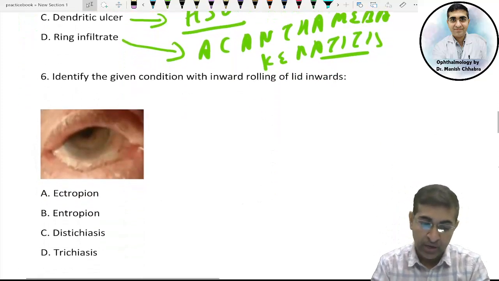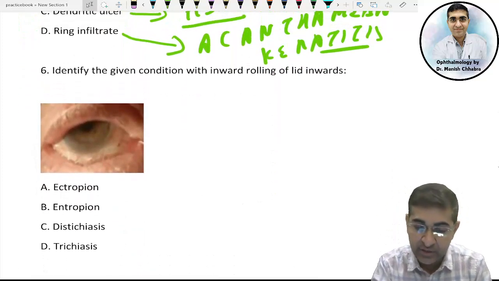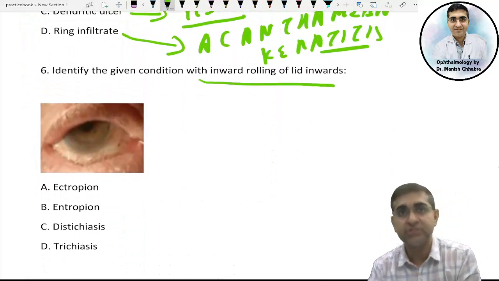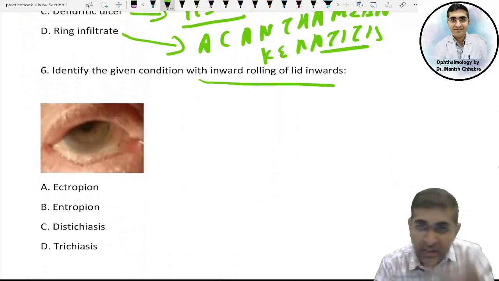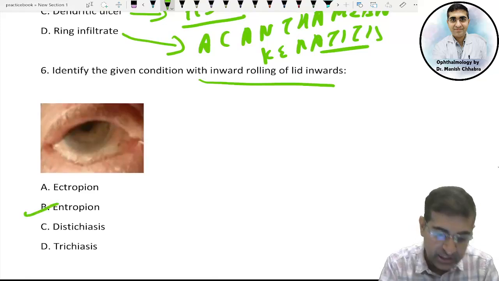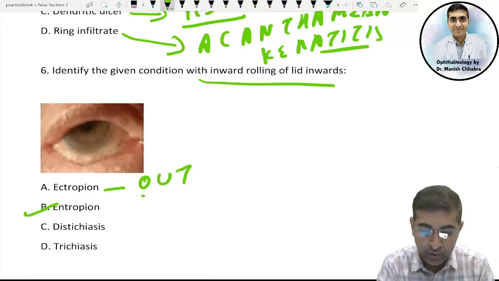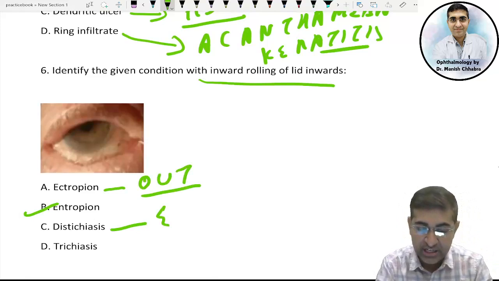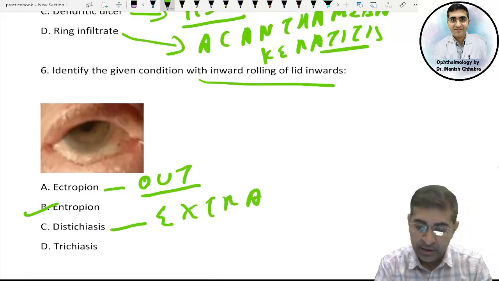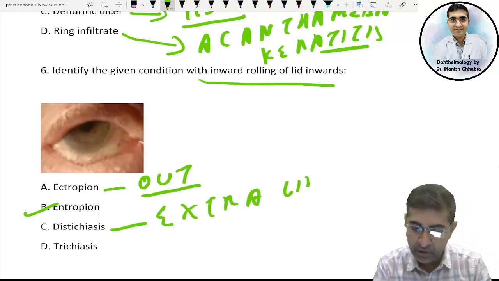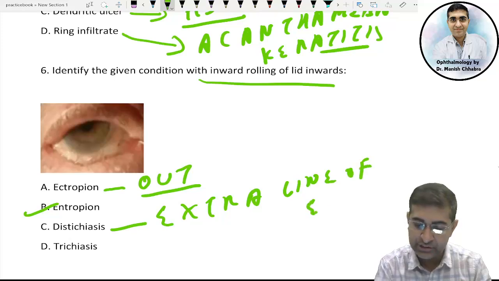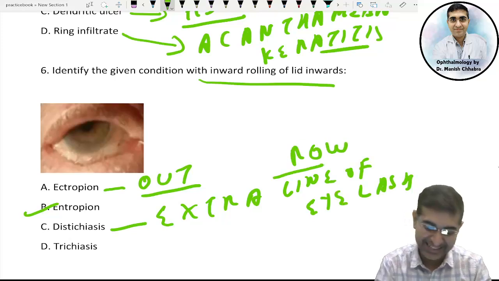Okay, now identify the given condition with inward rolling of lid. We have just done that. If there is inward rolling of the eyelid, you call it entropion. If there is outward rolling, you call it ectropion. Distichiasis is an extra line or row of eyelashes.